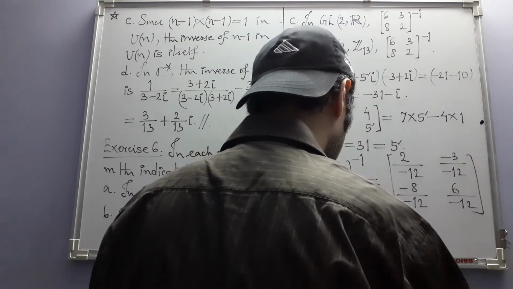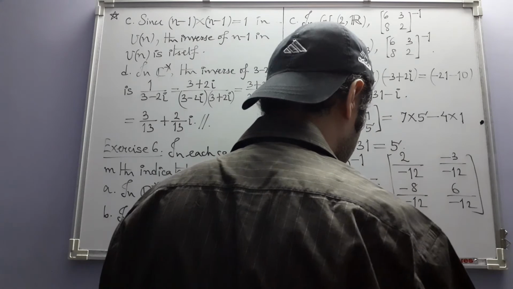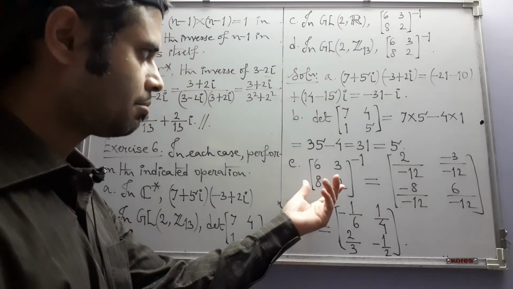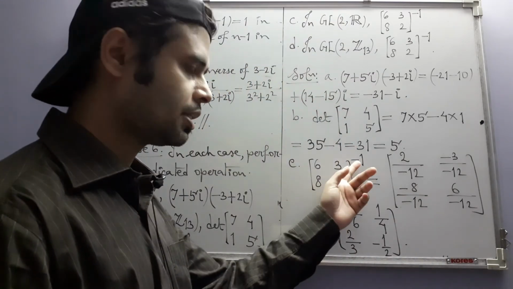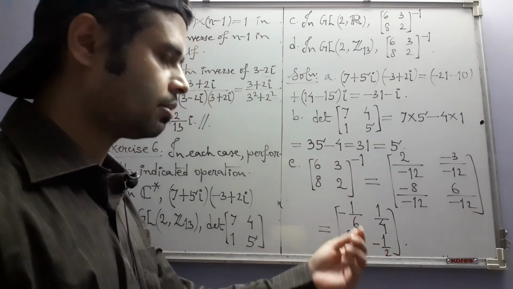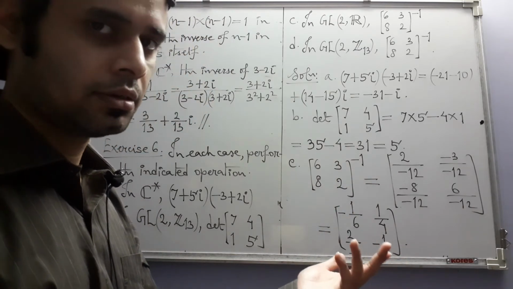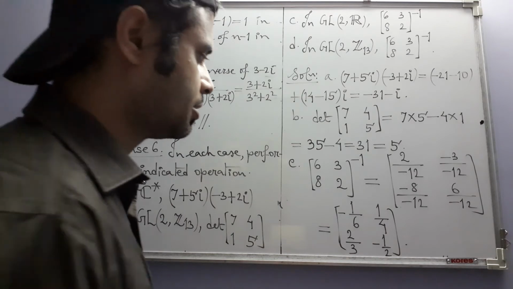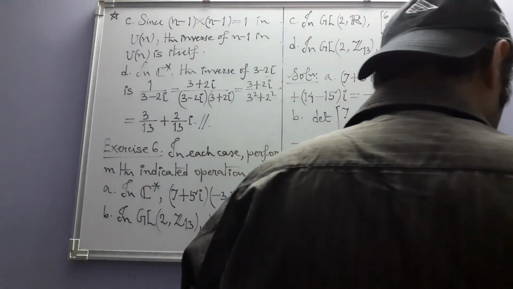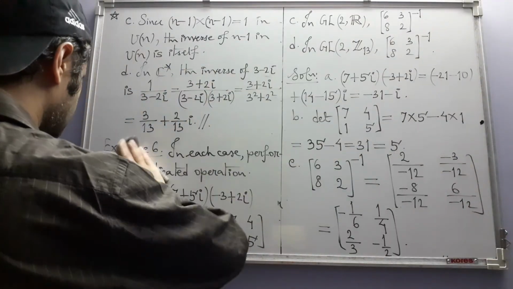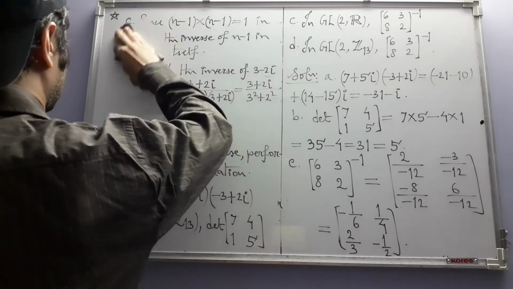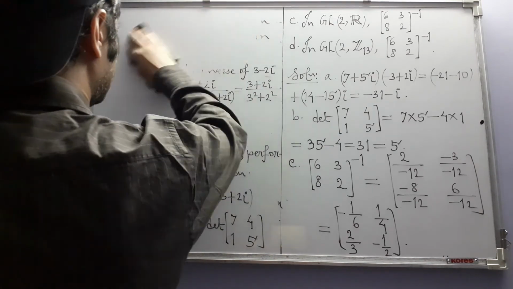So this is the inverse. You can multiply the original matrix with this one and see whether you are getting the 2 by 2 identity matrix or not. You will get that. Okay, so this is the inverse, and lastly we have D.